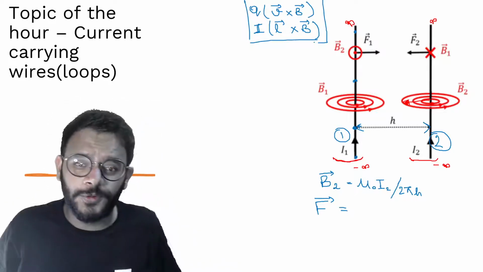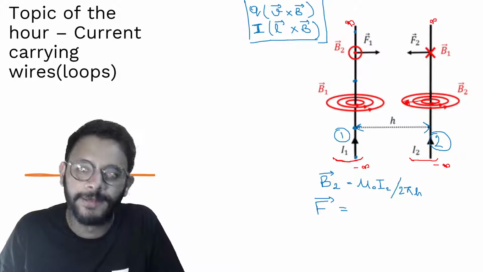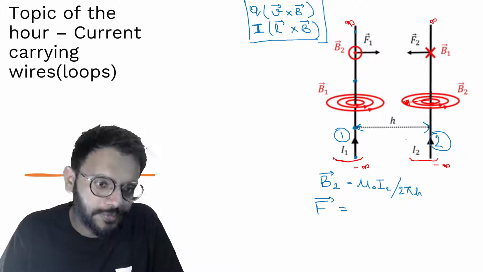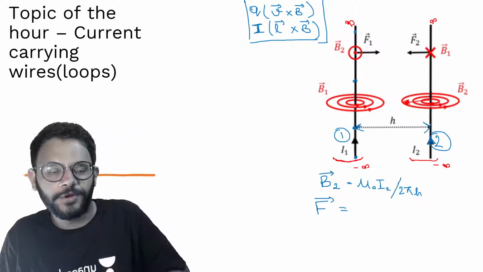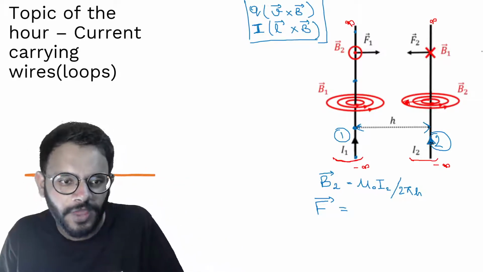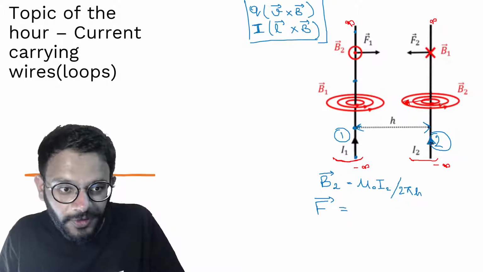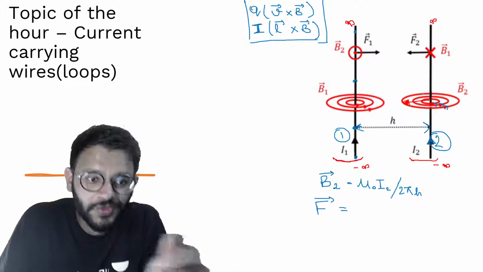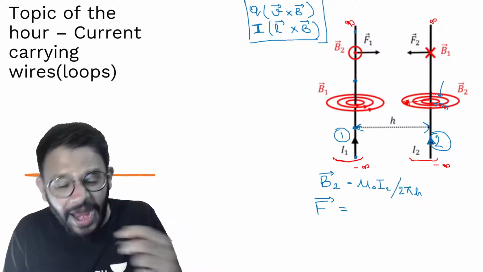This is the Lorentz force experienced by a current carrying element of length L, and since now I also know by the right hand thumb rule that because of the second wire the magnetic field is moving in circles, and in a direction, if I'm seeing from the top, anti-clockwise.